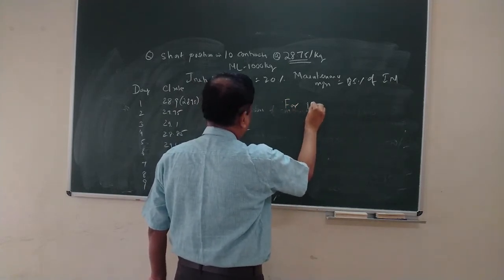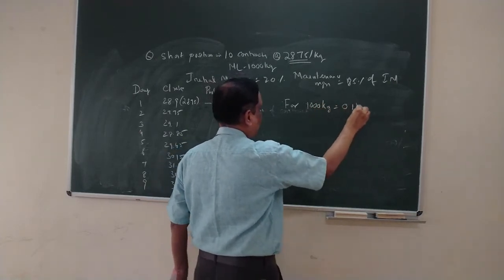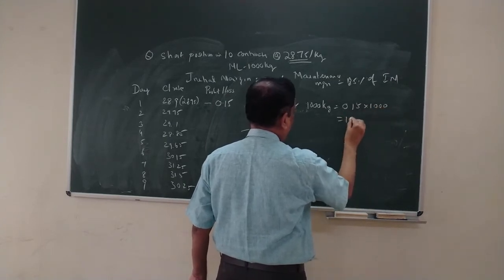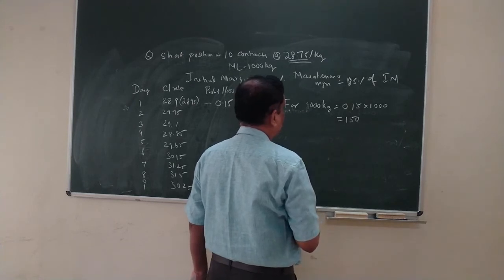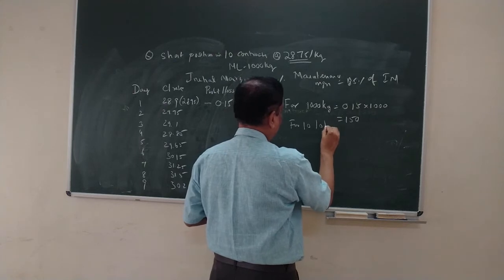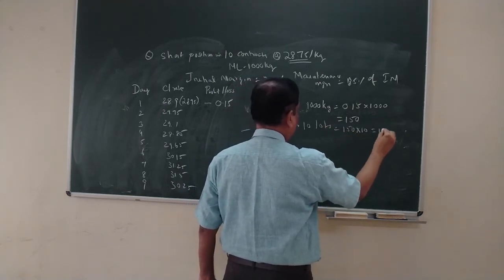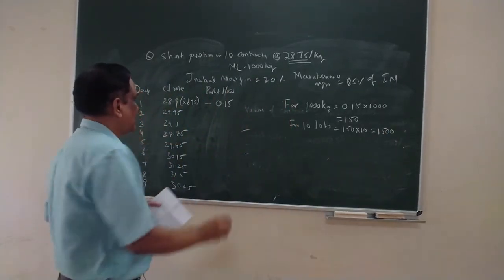One market lot is 1000 kg. For 1000 kg, this will be 0.15 into 1000, which is 150. 150 is the loss for 1000 kg. For 10 lots, this will be 150 into 10, which is 1500. So the loss is 1500.